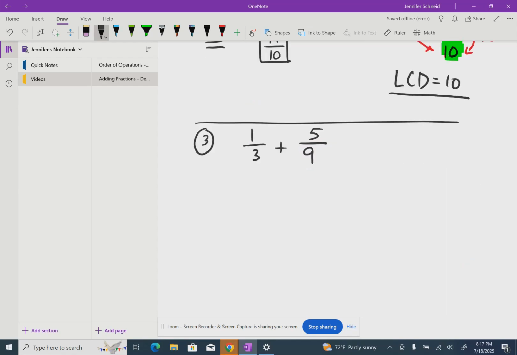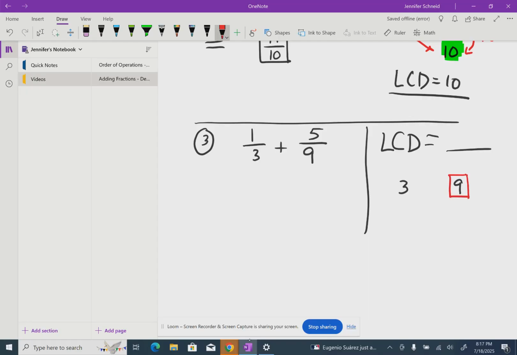Now for our third problem, notice again we have different denominators. Okay, and so we need to find the least common denominator. And so we'll have to figure out what that is. So I'm going to take my 3 and my 9, my 2 denominators. I'm going to put a box around the largest one.